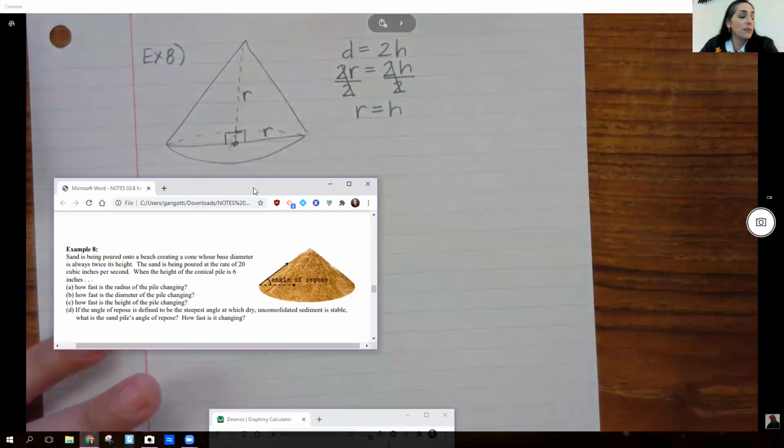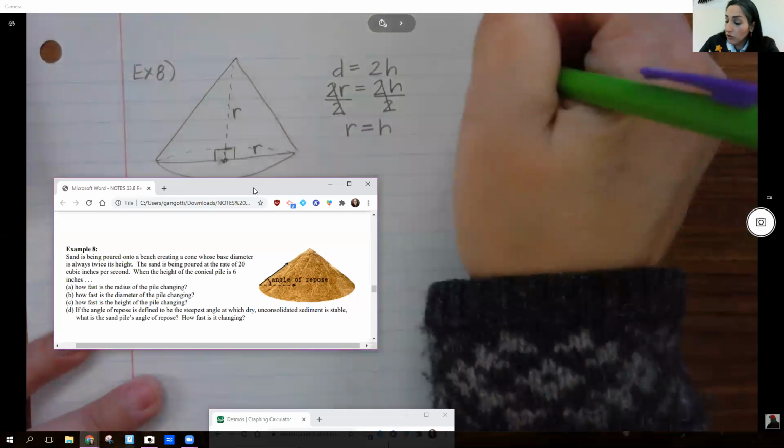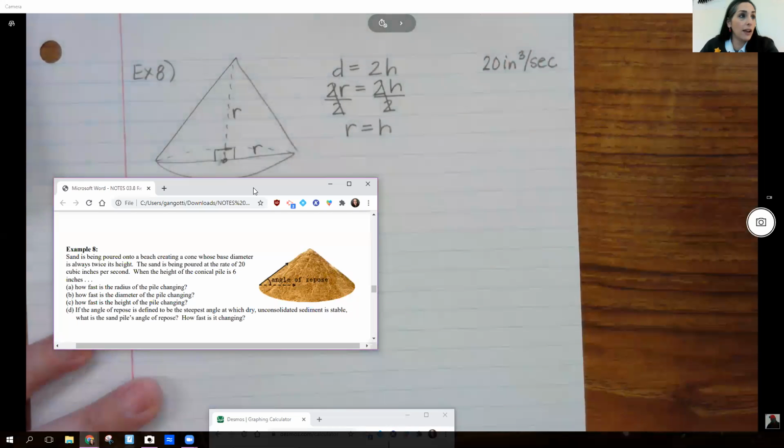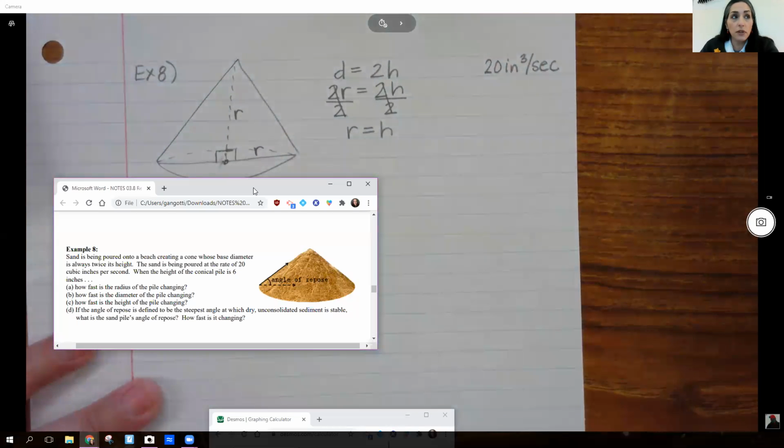All right, so that's good to know because that simplifies things a lot for us with regard to having multiple unknowns. So then it says that the sand is being poured at the rate of 20 cubic inches per second. Cubic inches means you're talking about volume, so this is a rate of change of volume.